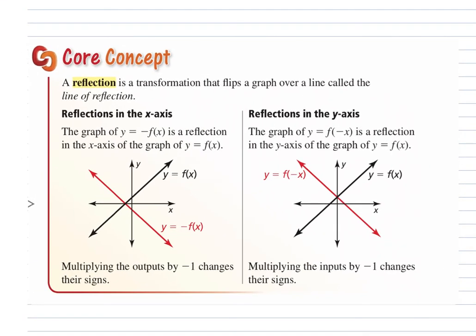Okay, the next type of transformation that we are learning about is something called a reflection. Now, when you hear the word reflection, what do you guys think about? Eli? The reverse. Okay, reverse.